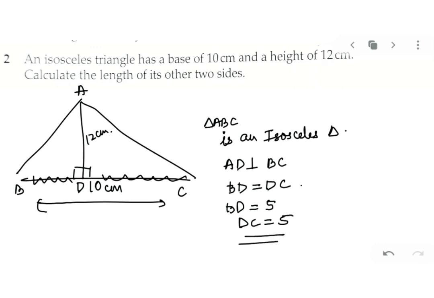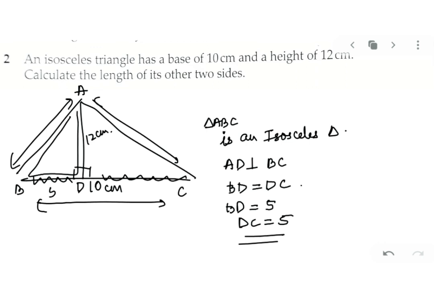Correct? Yes. Now you have to calculate the length of the other two sides. So can I say we have to calculate AB and AC? Now it's an isosceles triangle. If you find any one side, naturally that will be equal to your other side. Can we take triangle ABD?